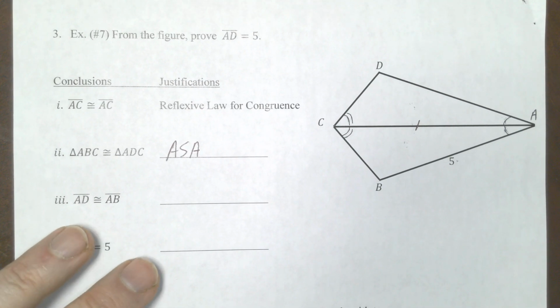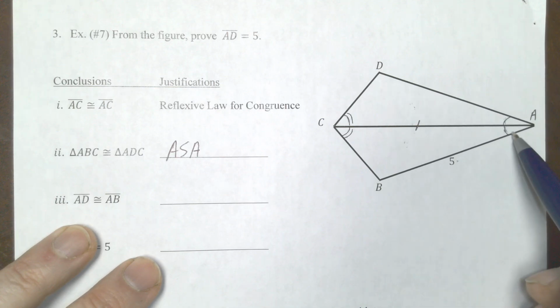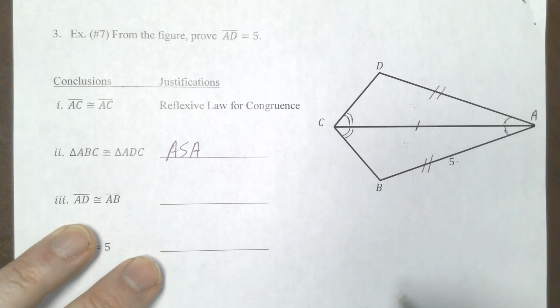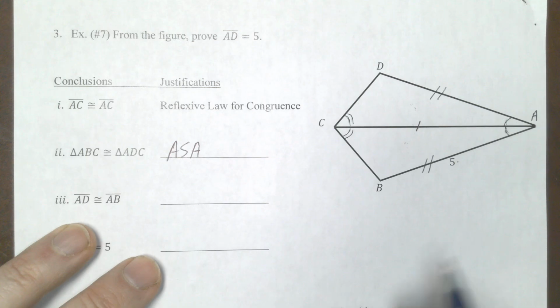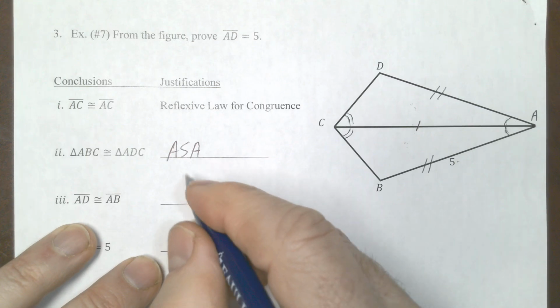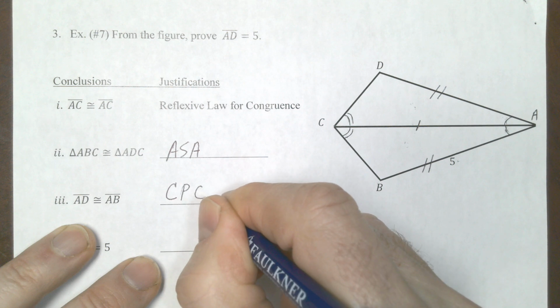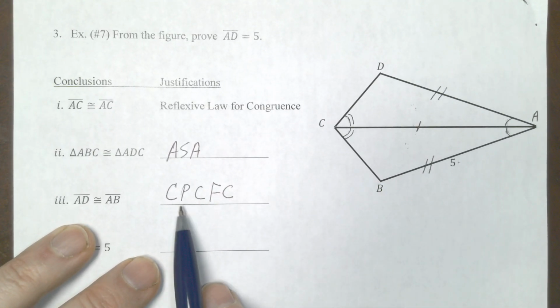Okay, because they are congruent, I know that AD, that side, has the same length as AB because they are corresponding parts of congruent triangles. So therefore, I'm going to say CPCFC. We can write this a lot.